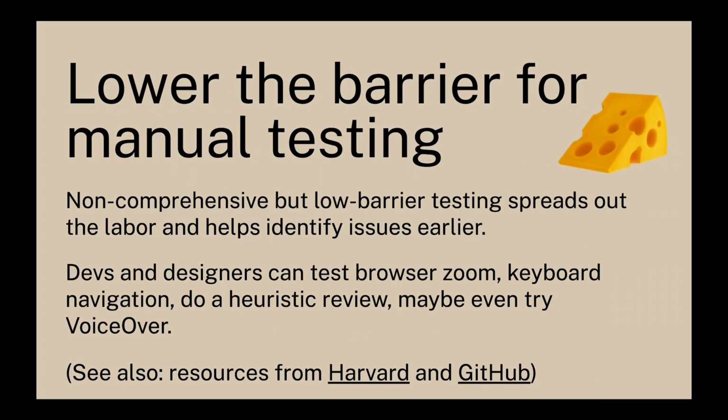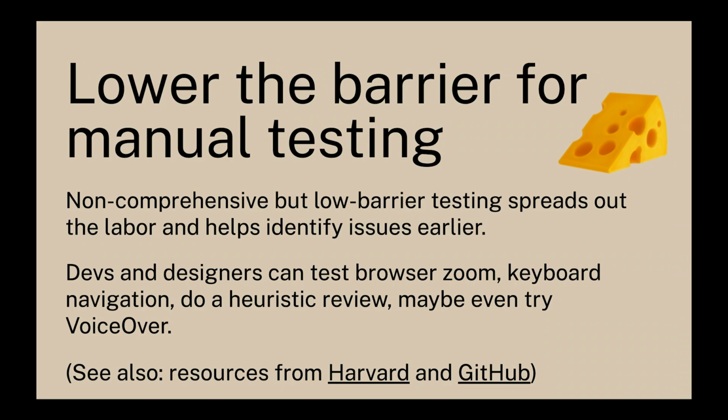So I've got a piece of Swiss cheese, the Swiss cheese emoji, on this slide. This is the Swiss cheese analogy that I like to use, which was so prevalent in early COVID times. The many layers of protection increase your chances of being safe. With accessibility testing, it's similar.